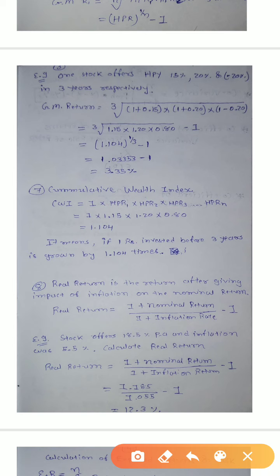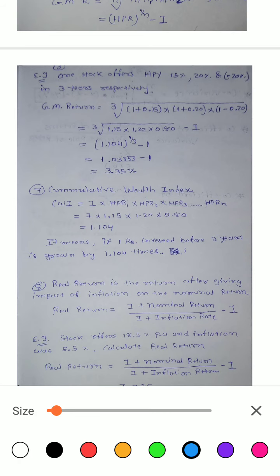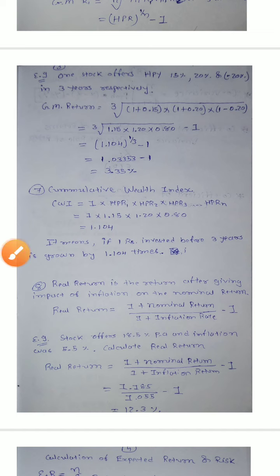So it's a simple 1 plus nominal rate, that is 1 plus 0.185, so that comes to 1.185. Similarly divided by inflation, 1 plus 0.055, that comes to 1.055, and minus 1, so you will get 12.3 percent as the real return.